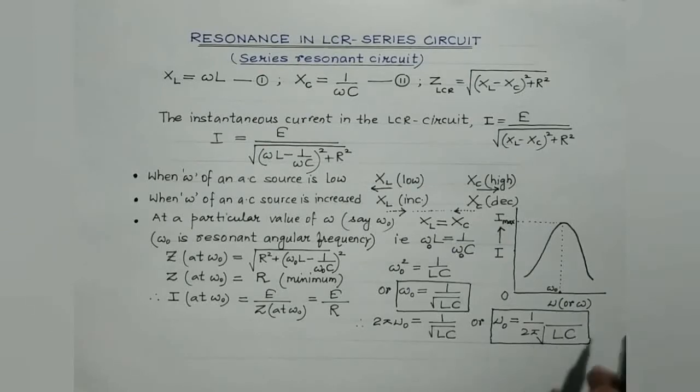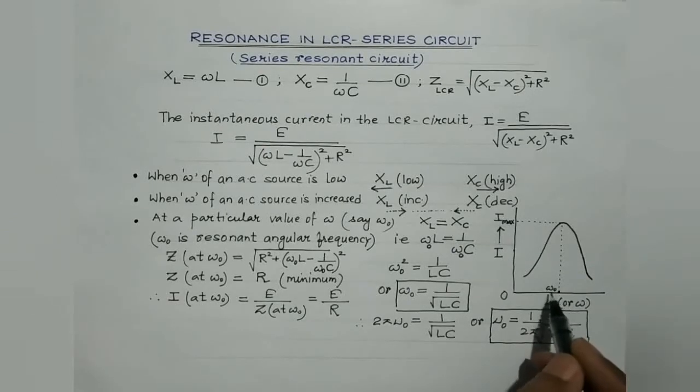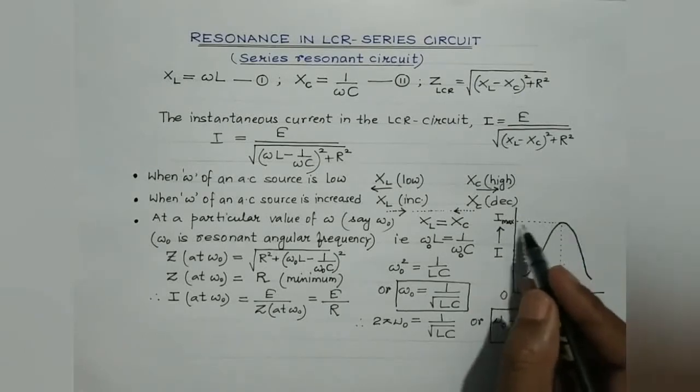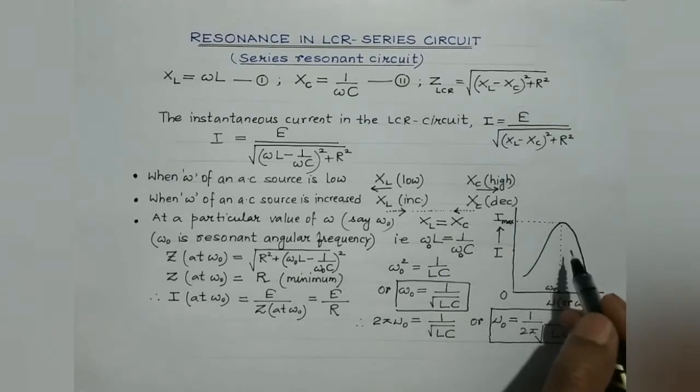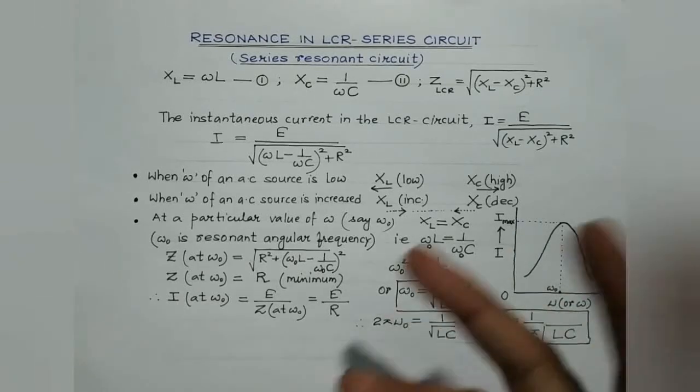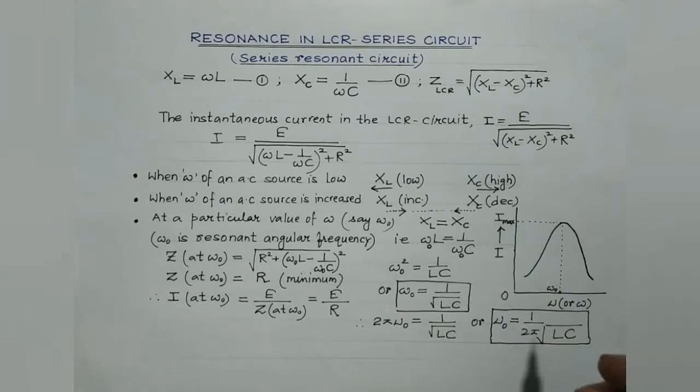It is pretty clear that at omega equals omega naught or at nu equals nu naught, the current through the LCR circuit is maximum. Clear? So a series LCR circuit which admits maximum current corresponding to a particular angular frequency omega naught of the AC source is known as series resonance circuit. And this angular frequency is known as the resonant angular frequency, and this linear frequency is known as the resonant linear frequency.